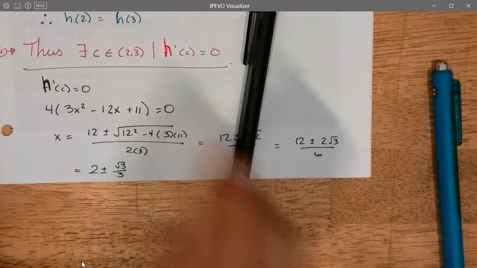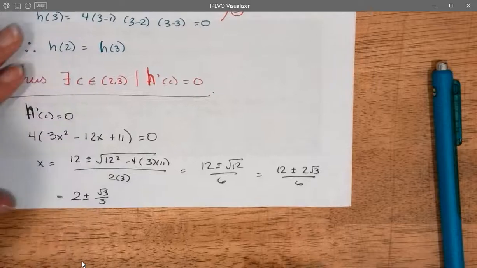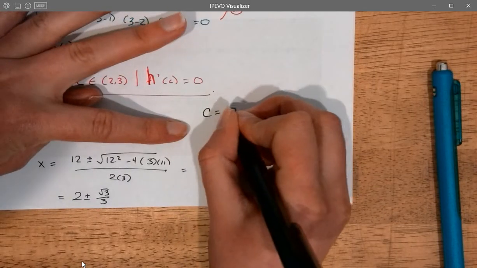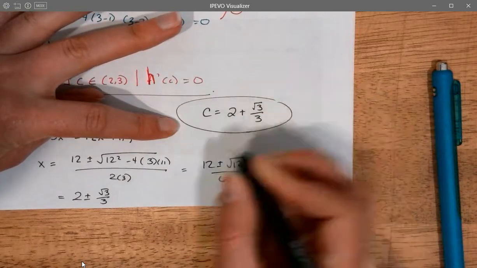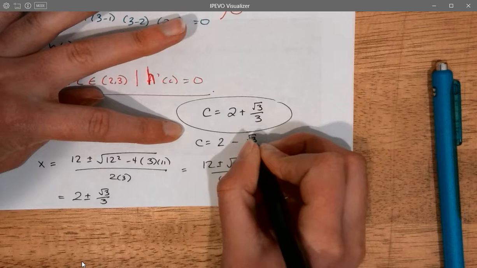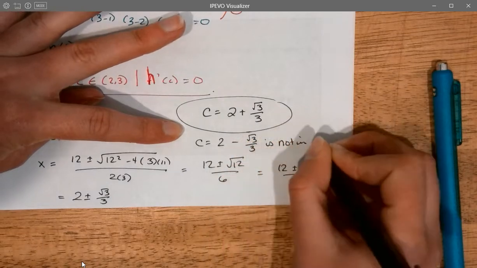So we can conclude that the point that we were guaranteed in the interval is 2 plus the square root of 3 over 3, because c equals 2 minus the square root of 3 over 3 is not in 2, 3.